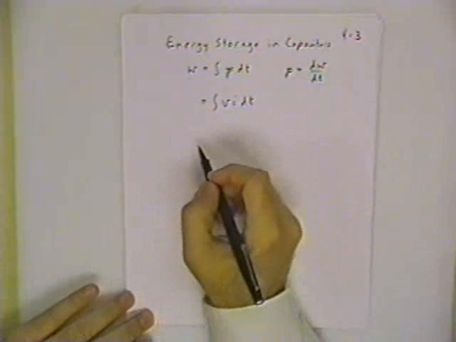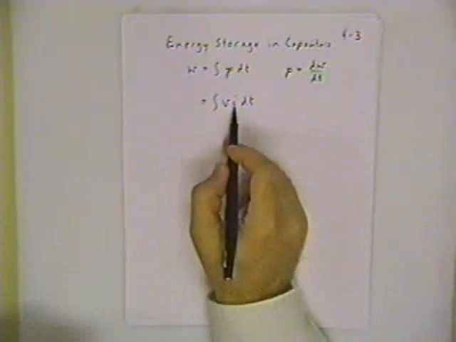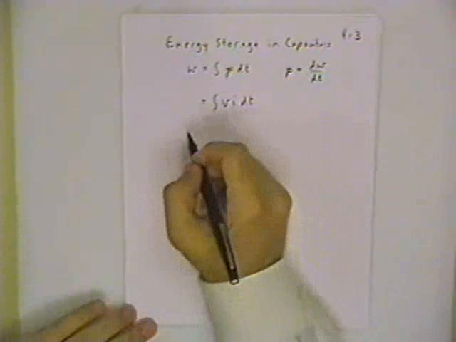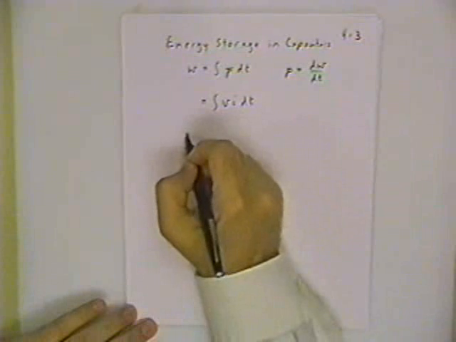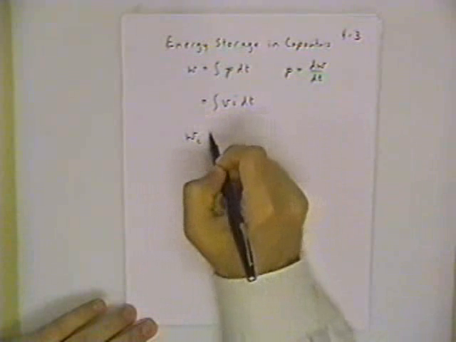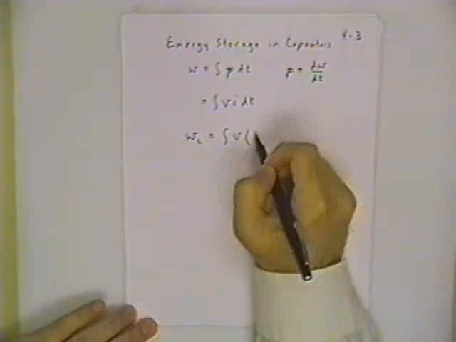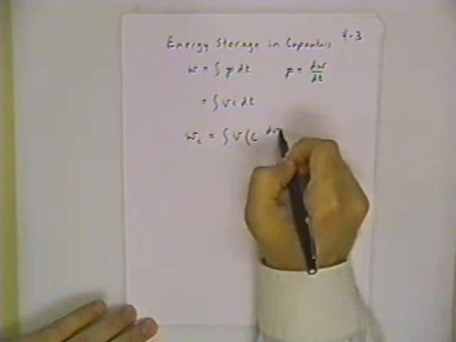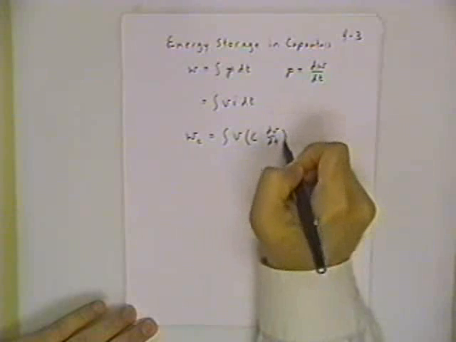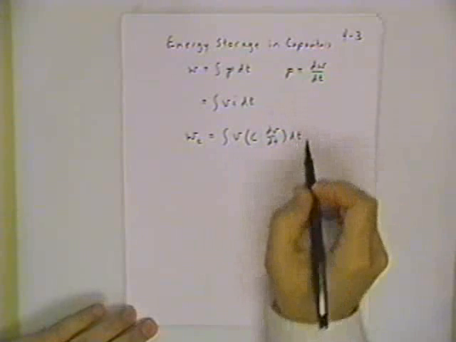Okay, but now for a capacitor, we have a current that's proportional to the rate of change of voltage. That's that math model that we just came up with. So let's make this a specific equation for capacitor energy. Integral of voltage times C dV/dt times dt.